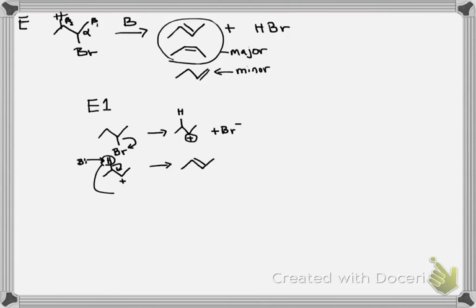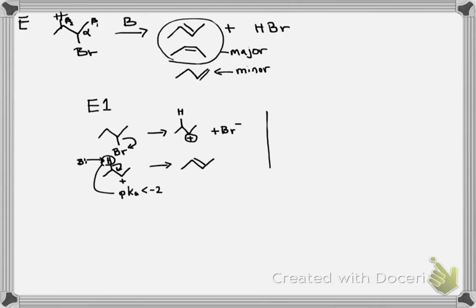It's a much stronger acid simply because the carbocation is unstable and really wants to get rid of that charge, so it's very easy to pull that hydrogen off. And just remember, the kind of base that can do this can be weak.